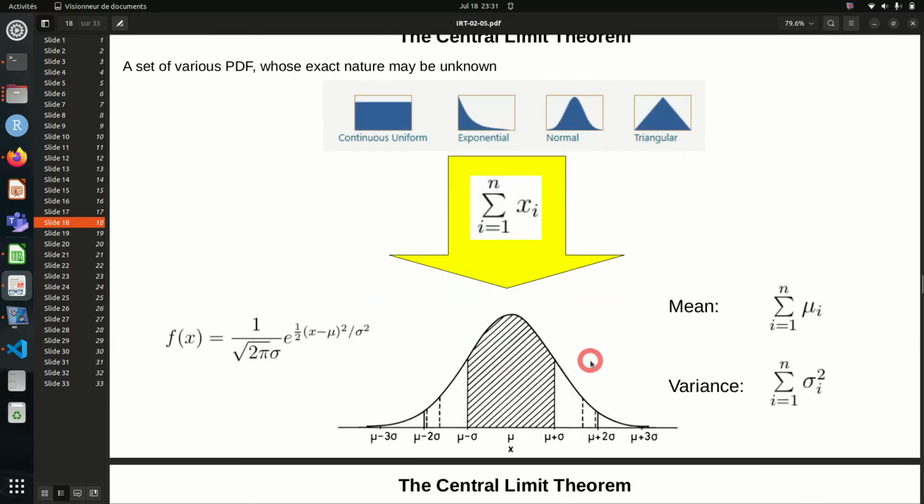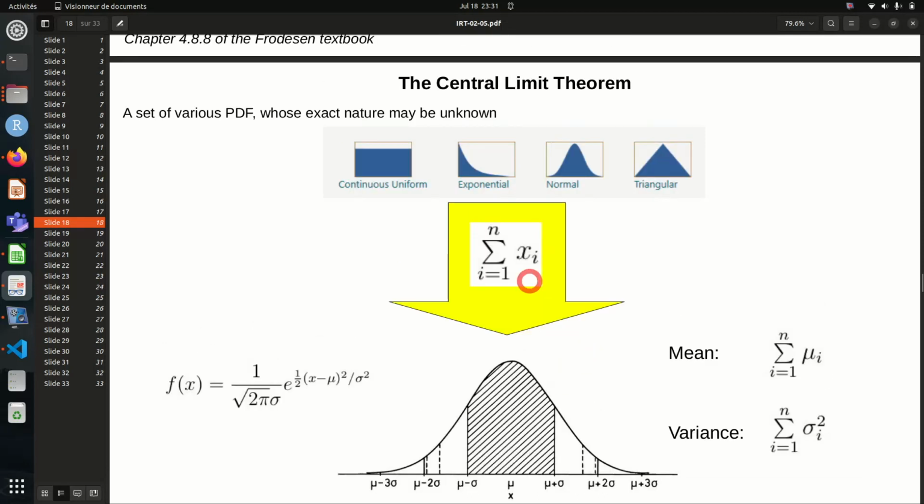And I really want to emphasize that the beauty of this theorem is that you can start with different random variables that arise from different PDFs, so really different shapes. If you sum them, you end with a Gaussian.